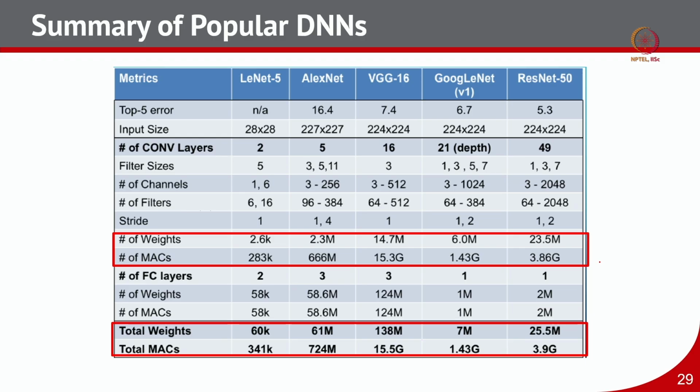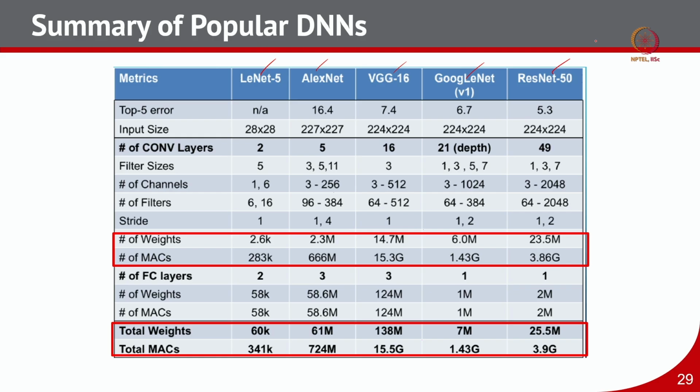Now, this table is showing the summary of popular DNNs. There are many numbers, but since this is a computer systems course, I want to highlight a few. The numbers are shown for LeNet 5, AlexNet, VGG16, GoogleNet, ResNet 50, all the networks we have discussed so far.